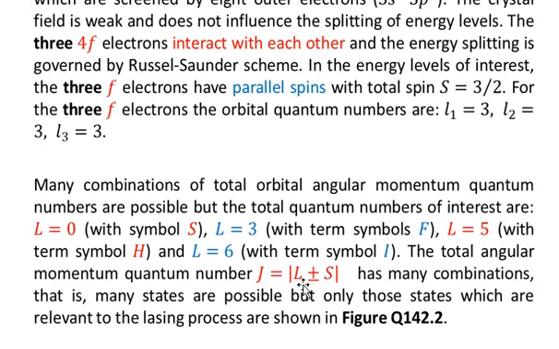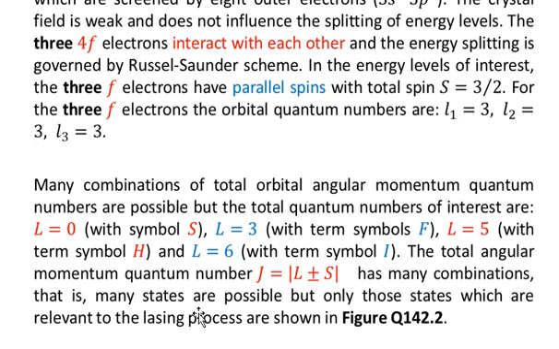For example, L is equal to 0, you will calculate J values, then put L is equal to 3, then L is equal to 5, then L is equal to 6, and calculate J values each time. With all these, you need to keep capital S is equal to 3 half, which is the total spin angular momentum quantum number. And you see that many values of J will then be possible.